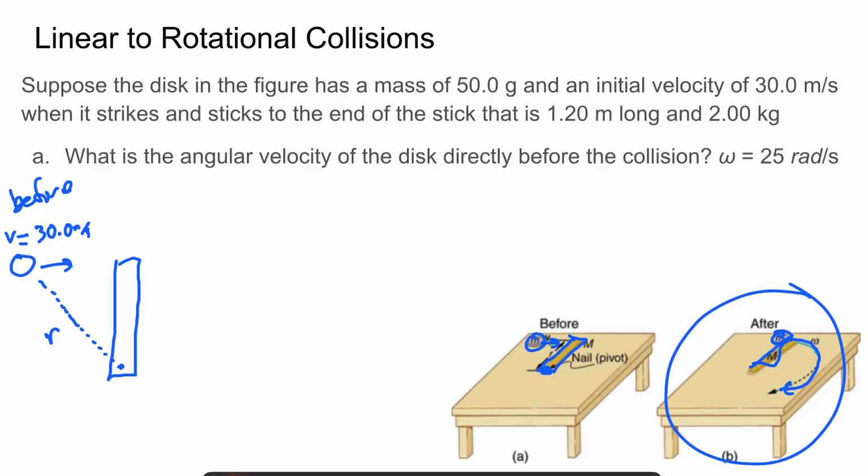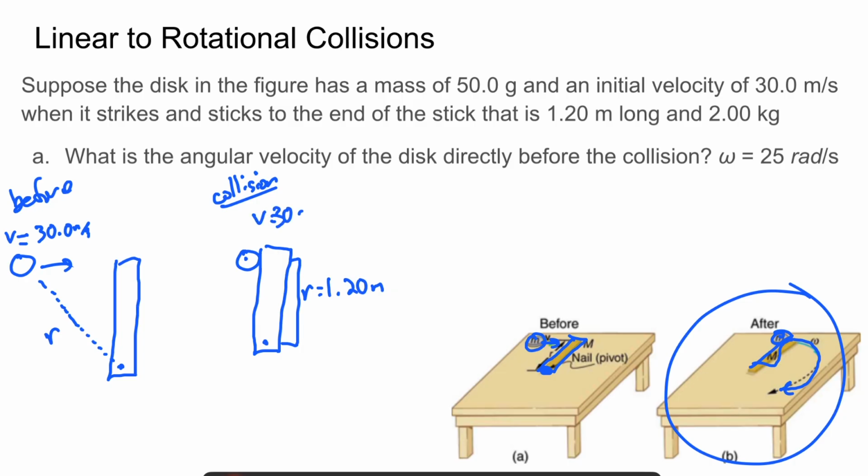Right before it hits the stick, that position is exactly the radius of the stick, so its radius is 1.20 meters away from that point of pivot. And it still has that velocity of 30 meters per second.